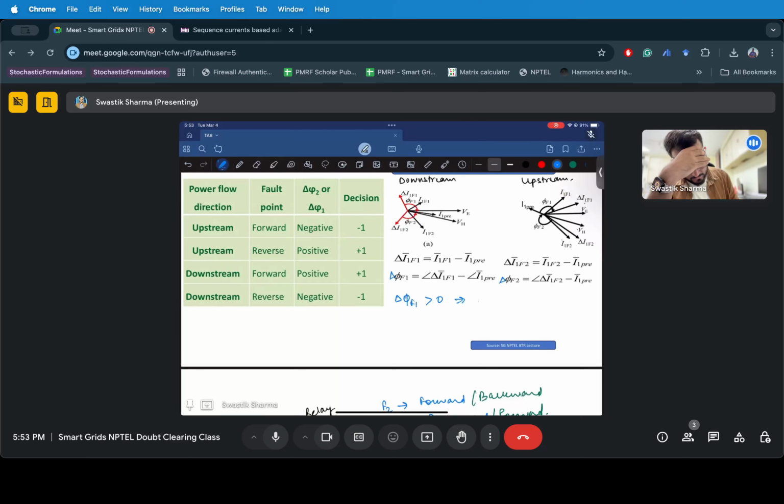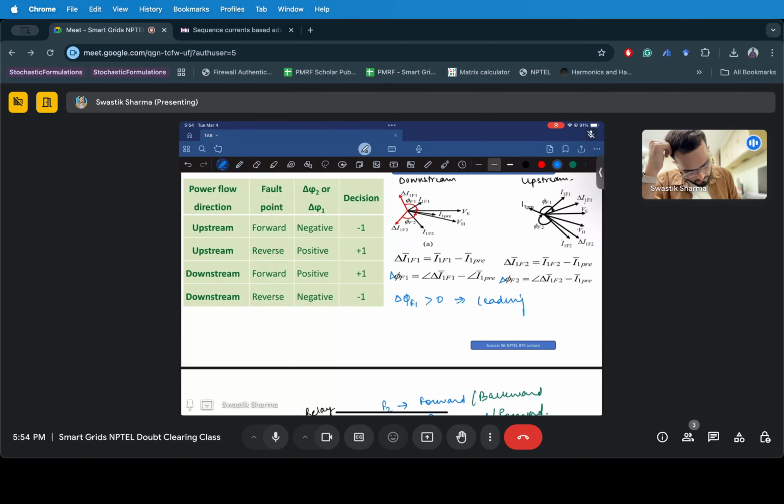It's leading, right? Just a second. Just let me open... So if it is greater than 0, it's leading, right?